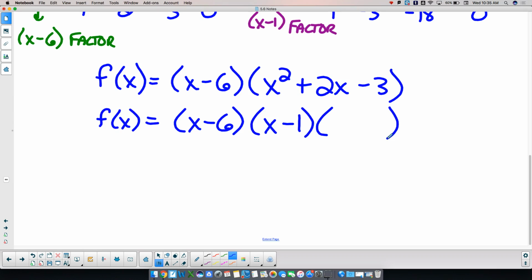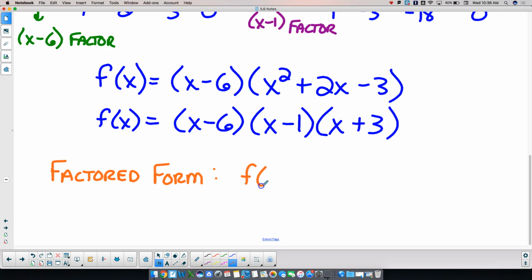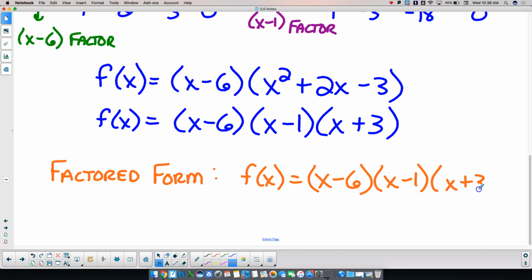So that's going to be x, that's going to be plus 3. Okay. So the factored form is f of x equals x minus 6 times x minus 1 times x plus 3.